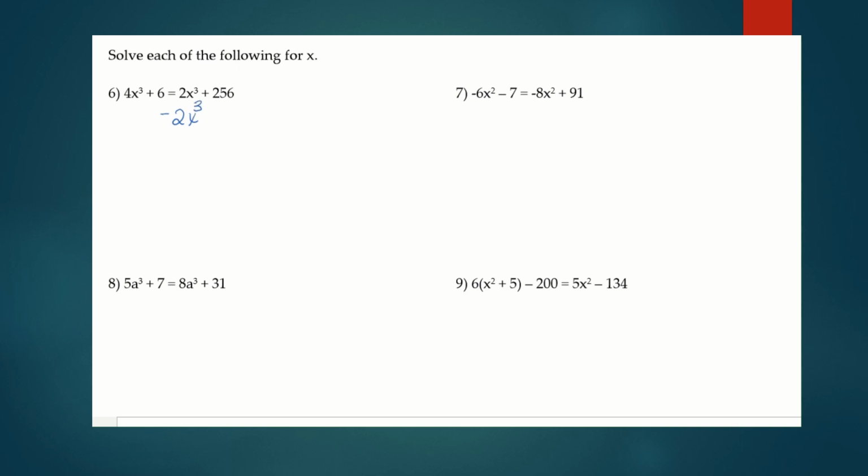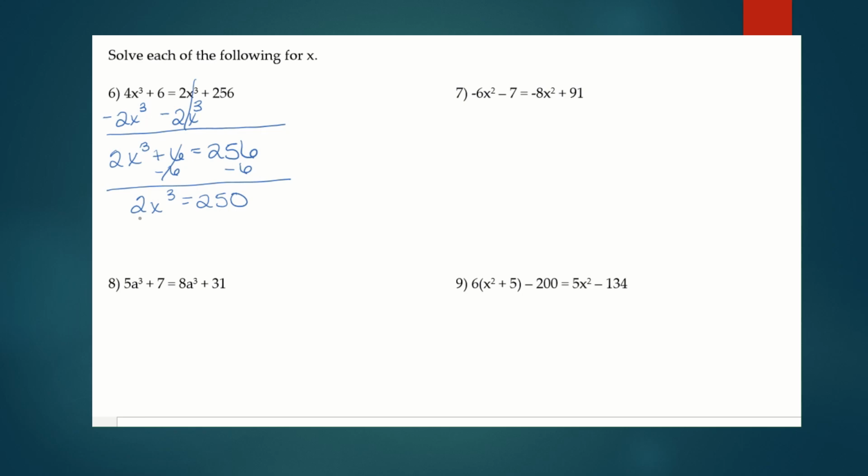So since 2x cubed is positive, I'm going to subtract 2x cubed from both sides because this is an equality property, so we have to do the same thing on both sides. And I'm left with 2x cubed plus 6 equals 256. Bringing 6 to the other side, I'm going to use the inverse operation of subtraction to undo that addition. And I'm left with 2x cubed equals 250.